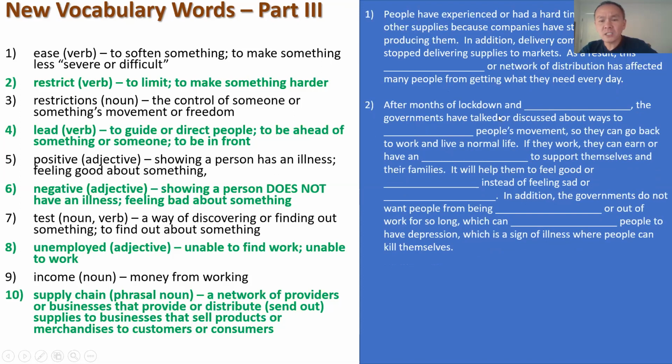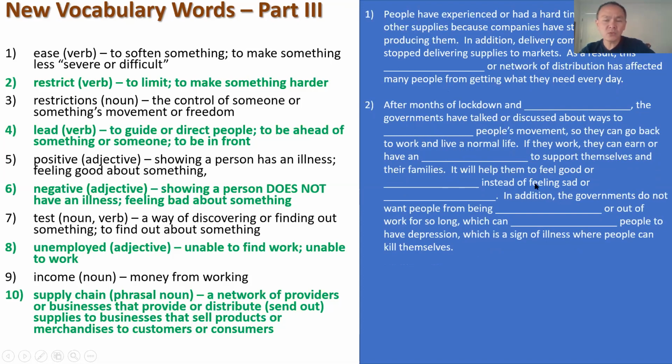After months of lockdown and blank, the government have talked or discussed about ways to blank people's movement so they can go to work and live a normal life. If they work, they can earn or have an blank to support themselves and their families.